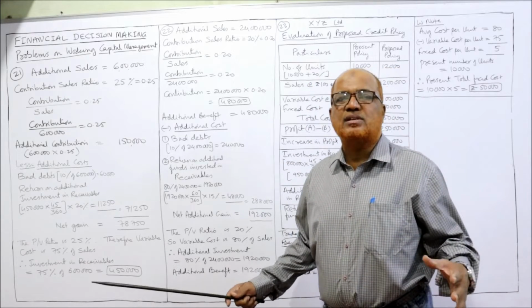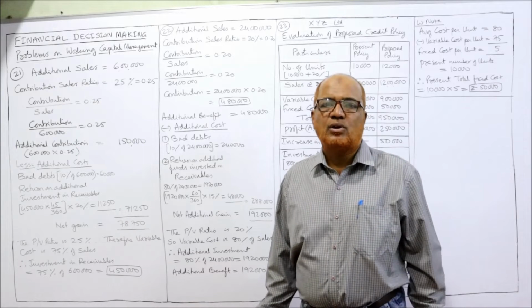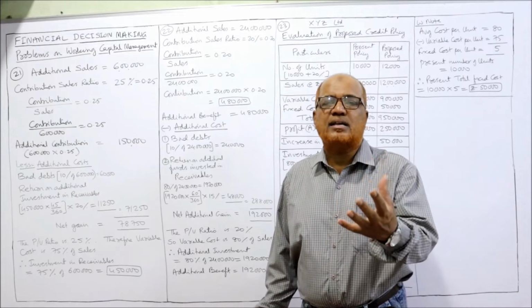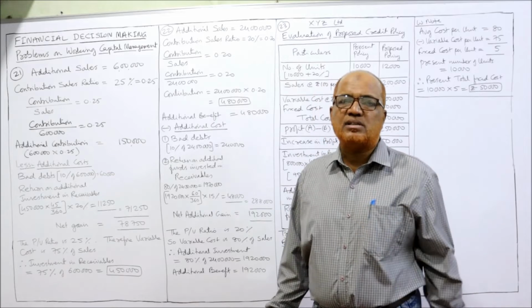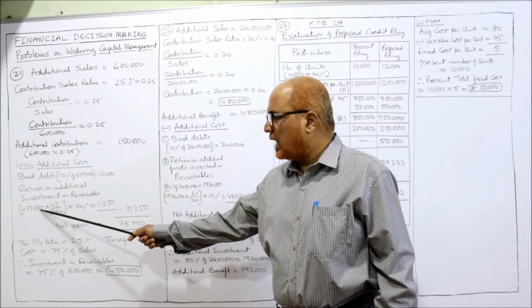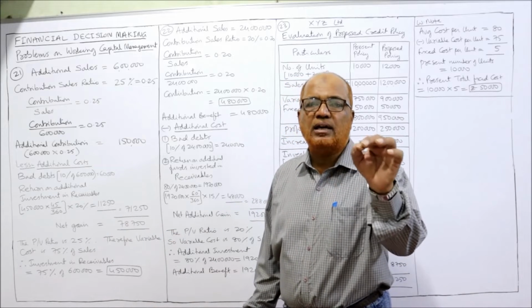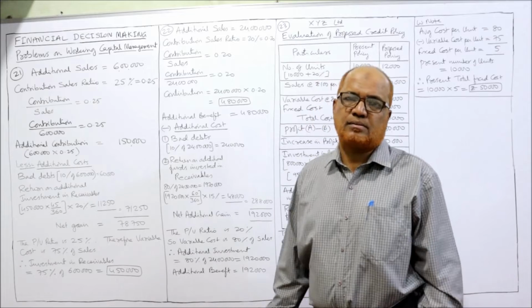Actually, a year consists of 365 days, but for easy calculations we assume 360 days. So 4,50,000 into 45 by 360. This is the additional investment in receivables.